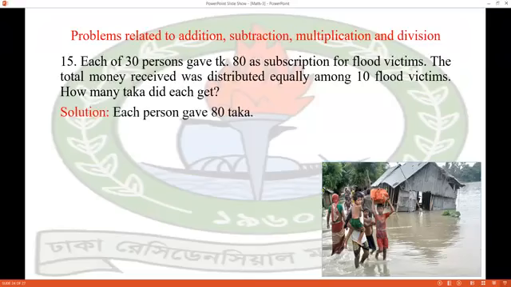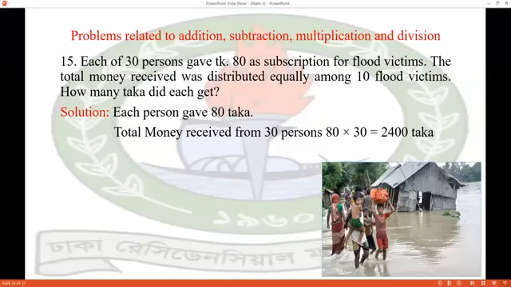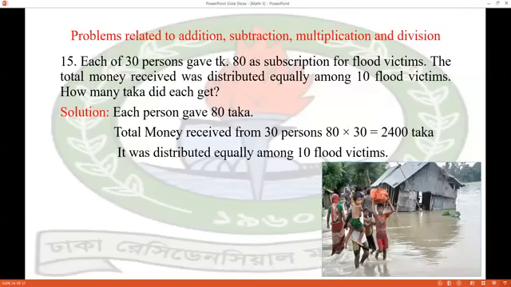The solution: each person gave 80 taka. So the total money received from 30 people is equal to 80 multiplied by 30. So the total will be 2,400 taka. The 2,400 taka you have to distribute among the 10 flood victims, so we find it by division.